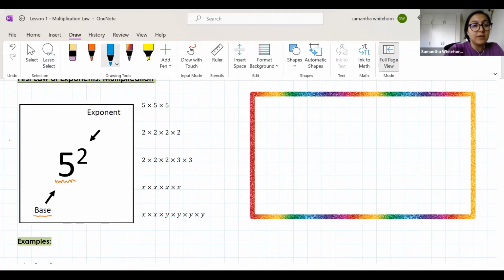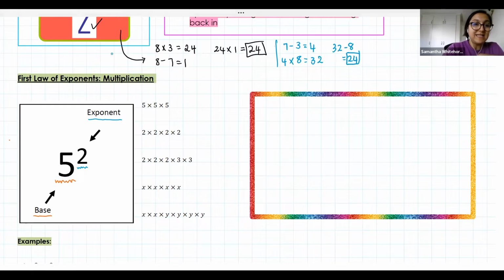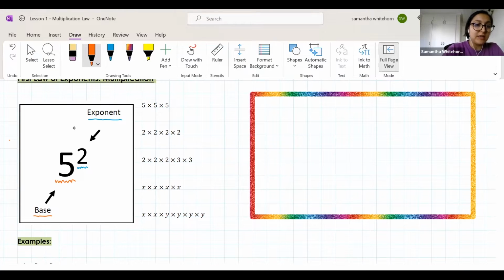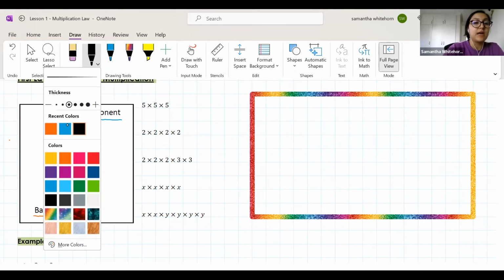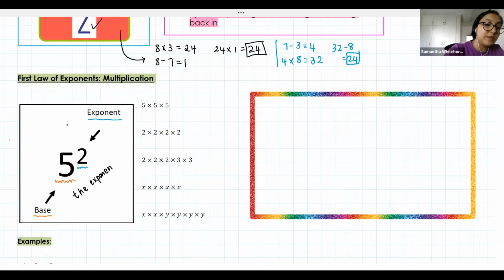And we've got a second part, which is the small little number at the top, which is our exponent number. And essentially what this value tells me is the number of times I'm multiplying the base. So the exponent tells us how many times we multiply the base.